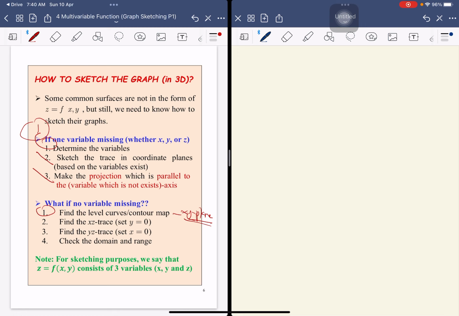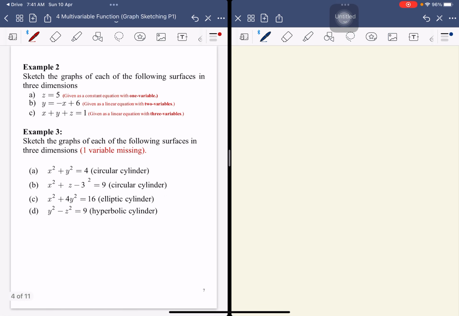In order to know whether your sketching is correct or not, you normally check the domain and range. From there, you will get an idea whether the surface that you sketched is correct. So that's the manual procedure on how you can get the graph.